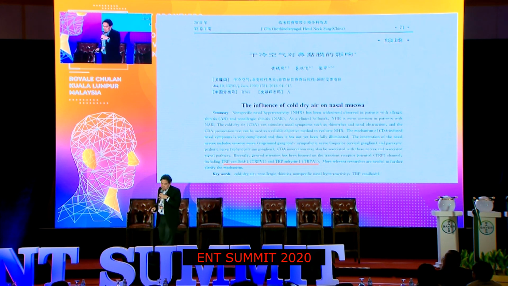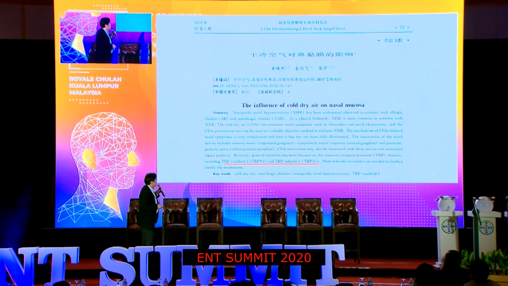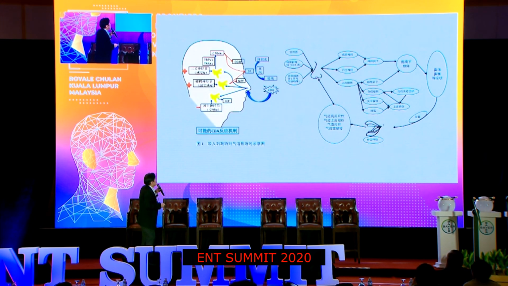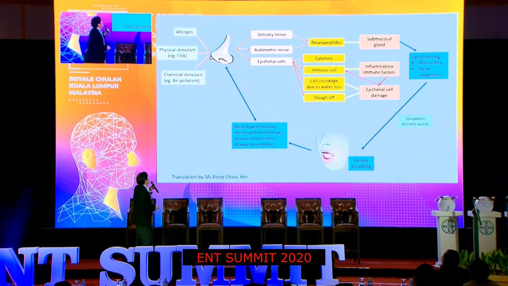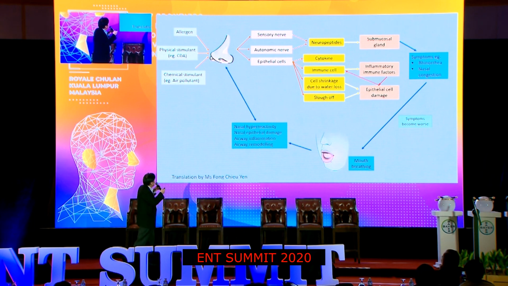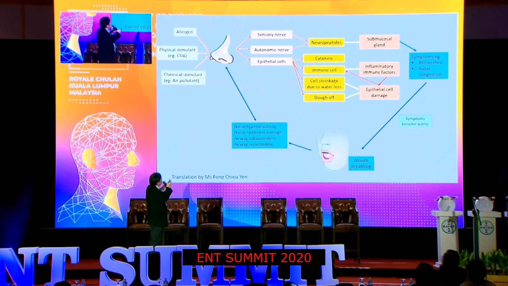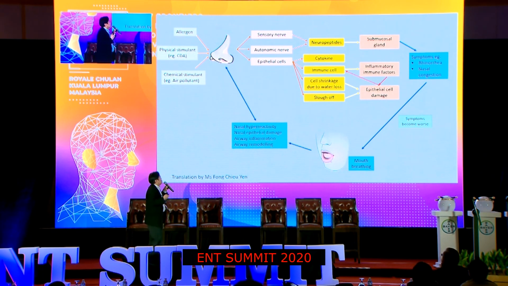This is a very interesting article from China. It also looks at the TRP receptors, TRPV1 and TRPA, and delineates it very nicely, unfortunately in language that most of us cannot read. So I've had someone translate it for me, and it really summarized it very nicely. When you have stimulants, chemical or cold dry air, and they were looking particularly at cold dry air, then you have the nerves releasing the neuropeptides, you have the autonomic nerves also doing that, and then the epithelial cells themselves may also have an inflammatory response, so cytokines and so on, sloughing and cell shrinkage.